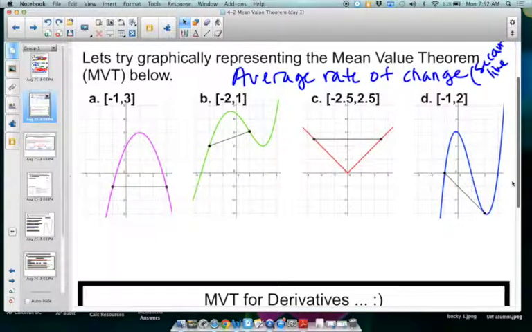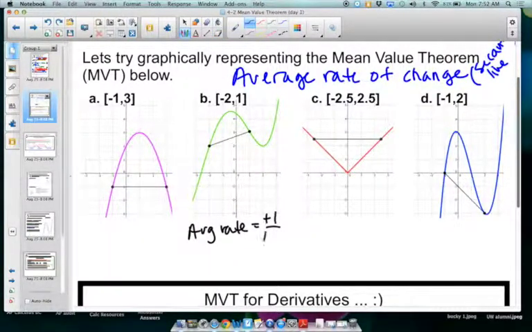Okay? So let's just talk about the average rate of change here. What's the average rate of change here? 0, right? Horizontal line. What's the average rate of change here? Up 1 over 3. So our average rate of change here is up 1, right 3.